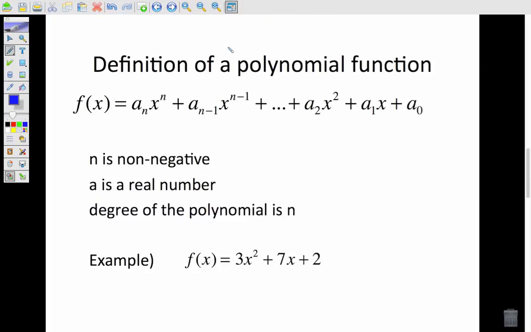All right. Here is, for your information, a definition of a polynomial. You've got your polynomial f of x. These are your coefficients, a of n.